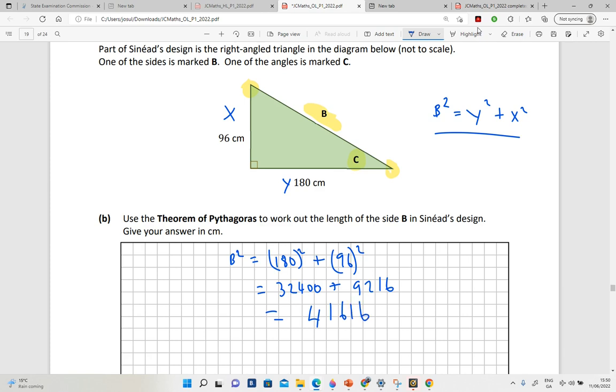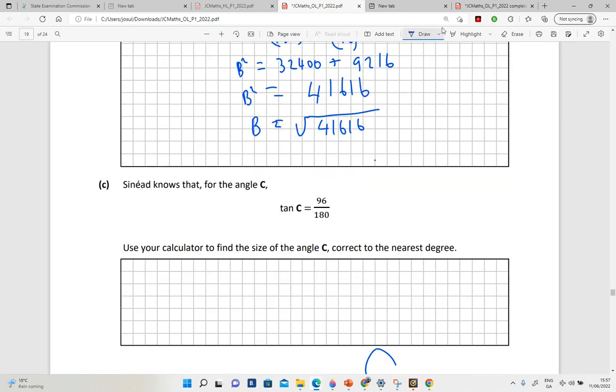And of course, this is B squared. So now B is the root of this number. So when I get the square root of that, the answer is going to be 204 exactly, 204 centimeters. Okay, so that's the length of side B in the triangle.